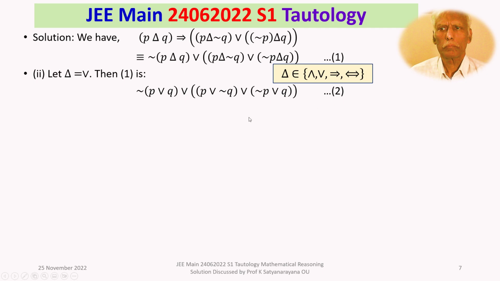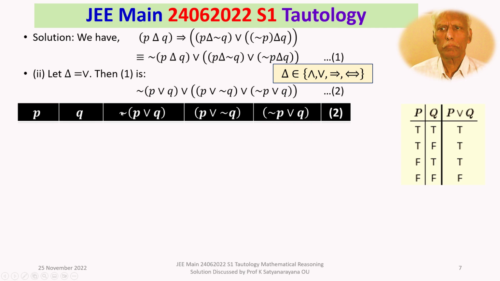Now if you know this OR table, that is the disjunction table, which you are very familiar with, then we can decide whether this is going to be a tautology or not.